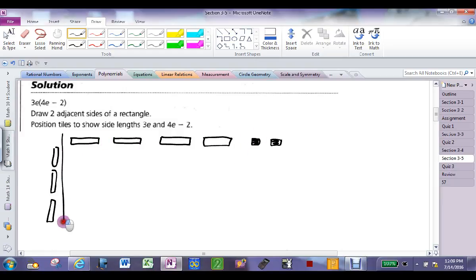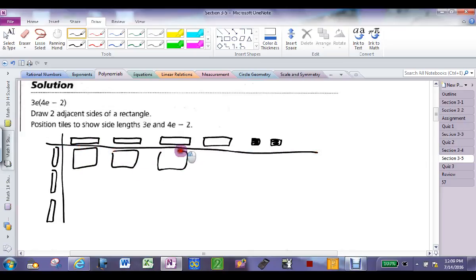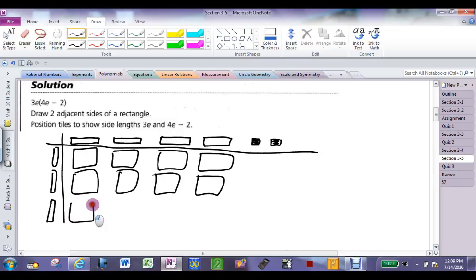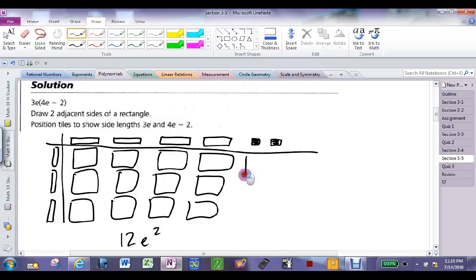Where does the answer live? In the middle. Well, there's a big one. Big, big, big, big. What does that give us? 12e squared. Now, what wins, negative or positive?